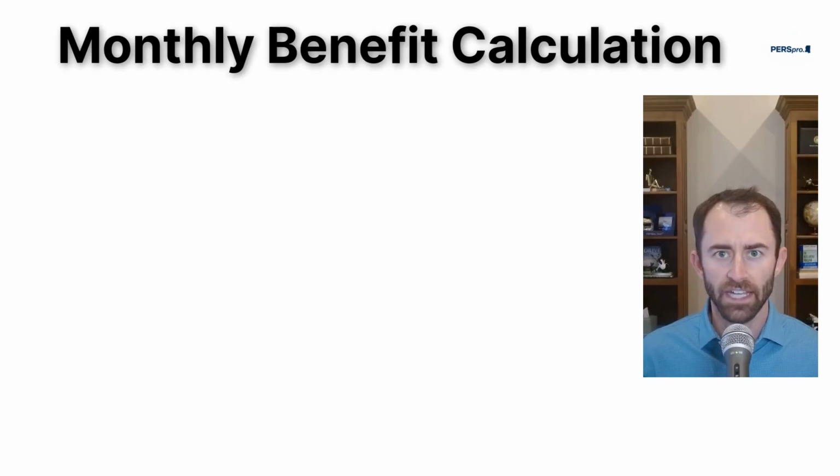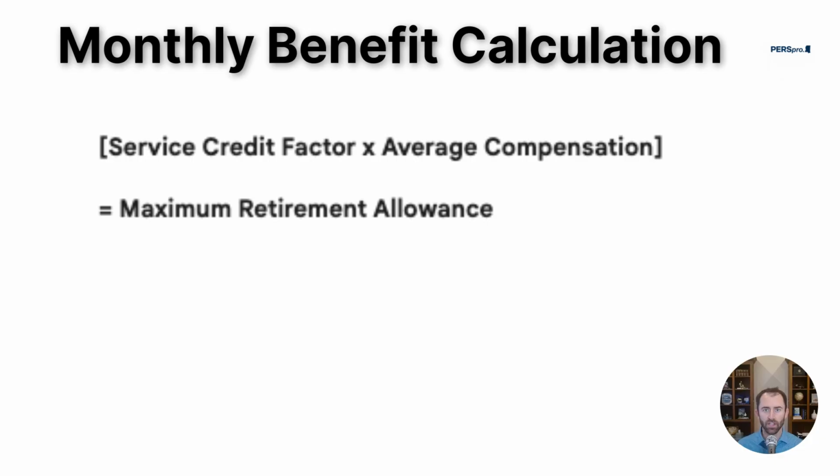How is the monthly benefit amount for option 3 actually determined? Your monthly benefit calculation under option 3 starts with the same two ingredients and calculation we discussed in video 35. Those ingredients are your average compensation, or highest 4 years, and your service credit factor, a percentage based on your total service credit. The result of this calculation forms your maximum retirement allowance, which is the amount available under the maximum retirement allowance option.